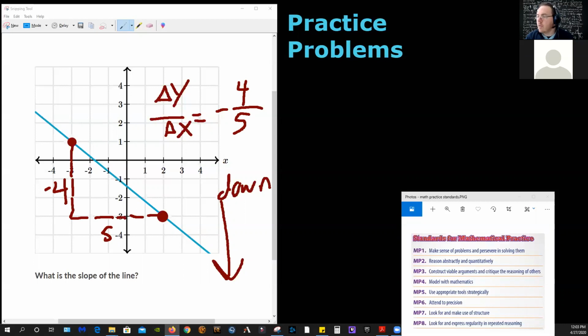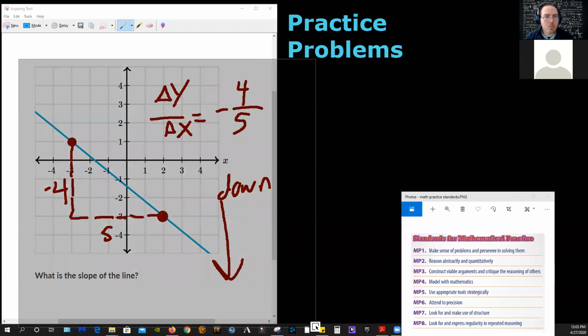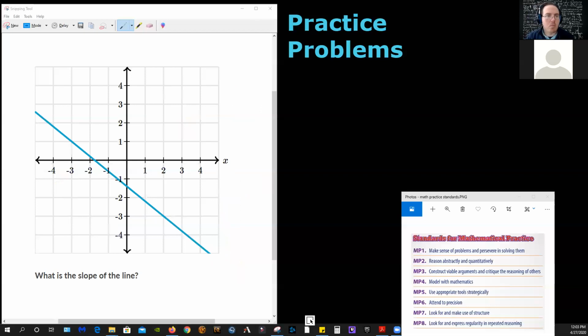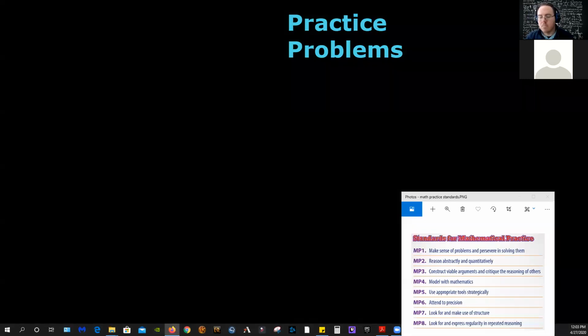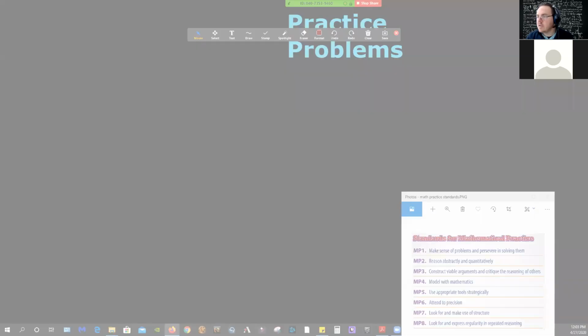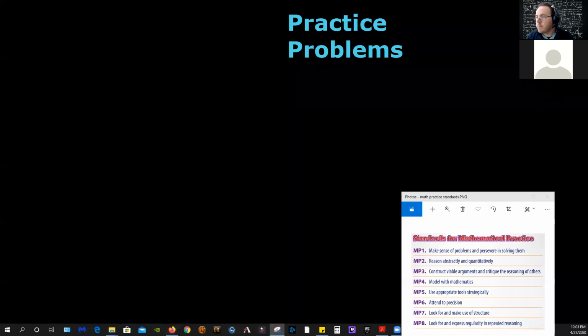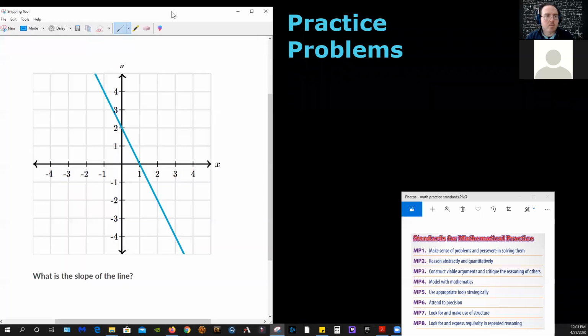Let's try another one. Screen capture, engaged. What is the slope of this one?